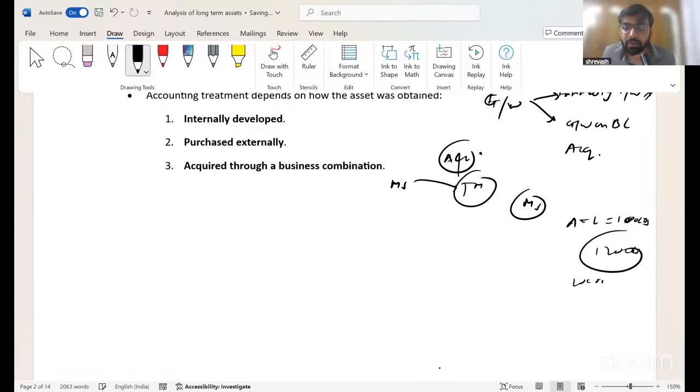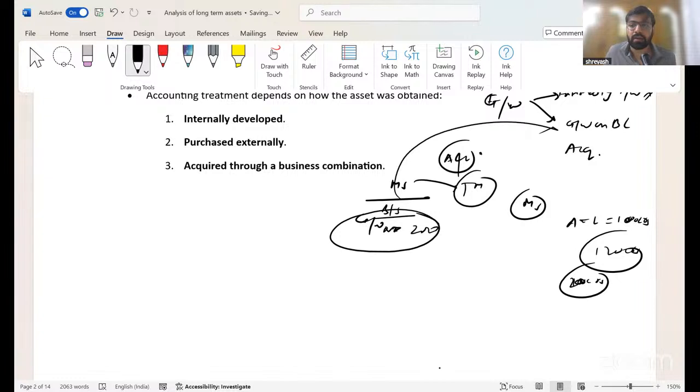That means 20 crores extra. That is because of the goodwill of Tata Motors. And now Maruti Suzuki can recognize goodwill in its books of accounts, or basically on its balance sheet, because this goodwill of 20 crores is generated as a result of the acquisition of Tata Motors by Maruti Suzuki.